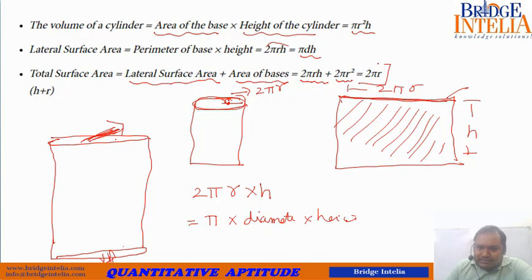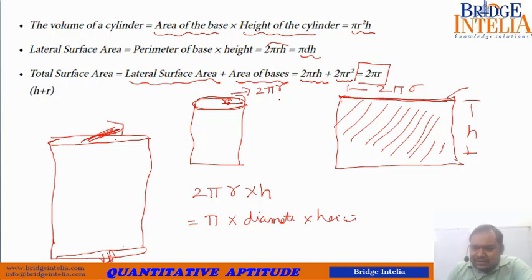Please remember these formulas, and also remember the concept of opening the cylinder. If you open a cylinder, its lateral surface assumes the form of a rectangle, where the circumference is one side and the height is the other side.